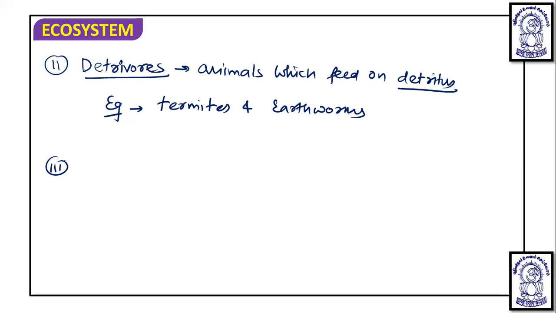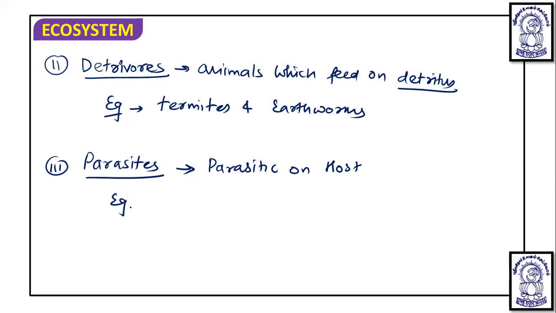The third category is parasites. They belong to a diverse group and are parasitic on a host. We have already discussed the parasite-host mechanism in the previous chapter on organisms and populations.